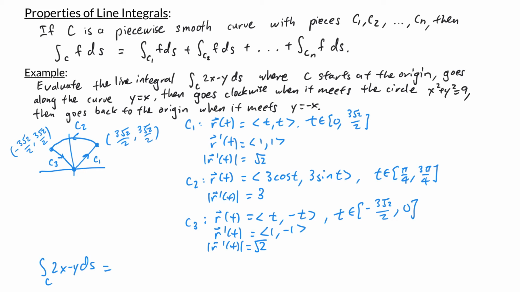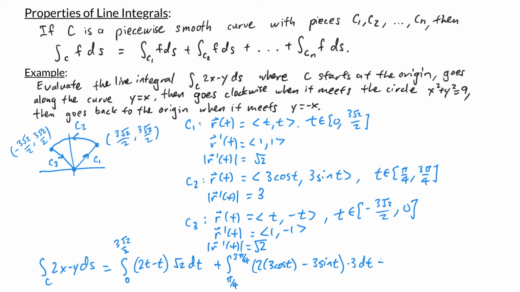So for the first piece, I have the integral from 0 to 3 square root of 2 over 2 of 2 times x minus y. So that's 2t minus t times the magnitude of r prime, so that's square root of 2 dt. On the second piece, I have the integral from pi over 4 to 3 pi over 4 of 2x, so that's 2 times 3 cosine t, minus y, so that's minus 3 sine t, times the magnitude of r prime, so times 3 dt.